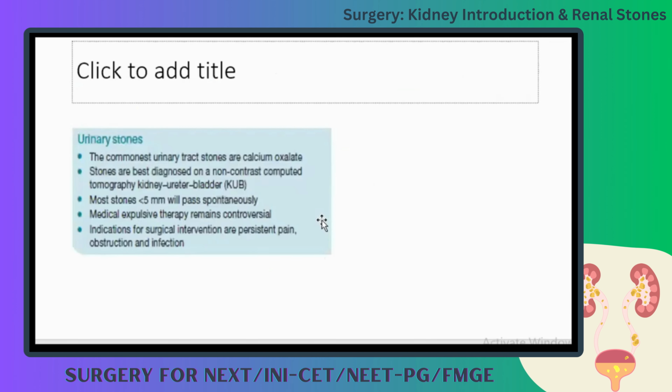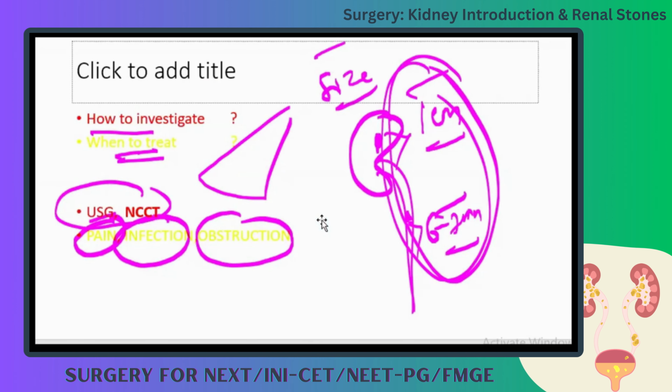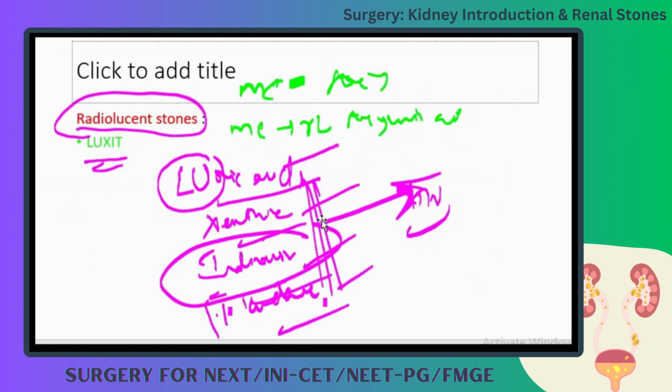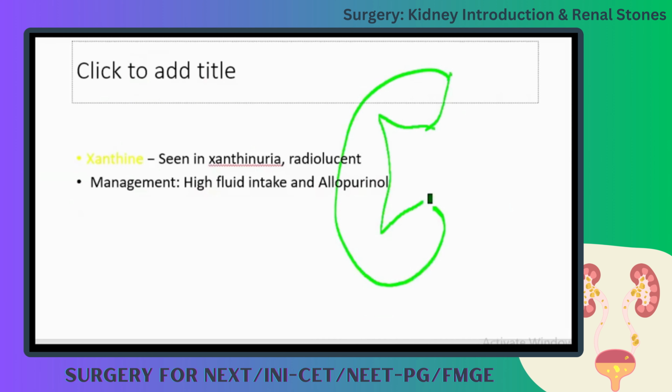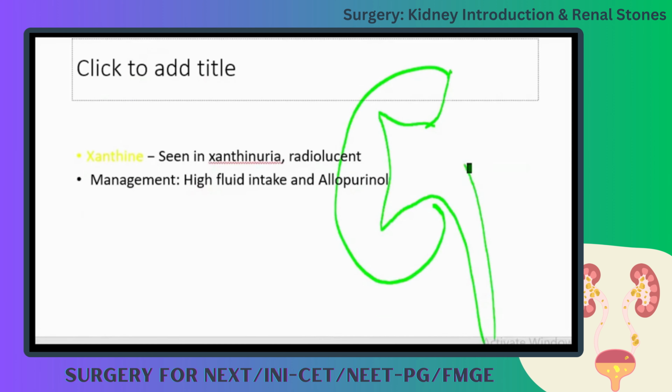Sir, in one of the previous slides, you mentioned that Staghorn calculi are silent. What does that mean, sir? Yeah, very good. See, this is the kidney. This is the stone.